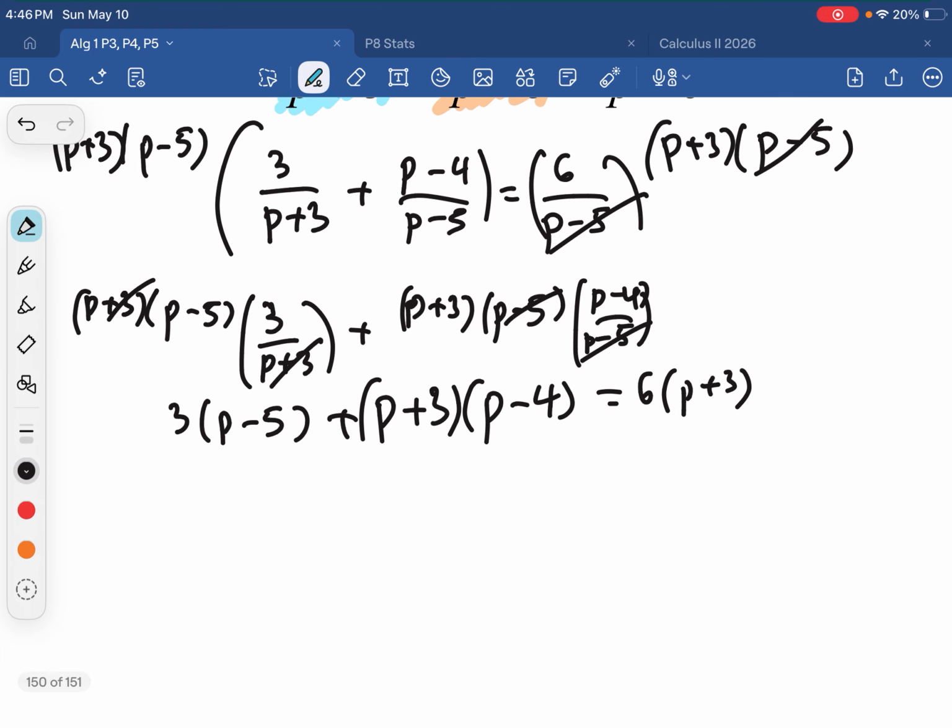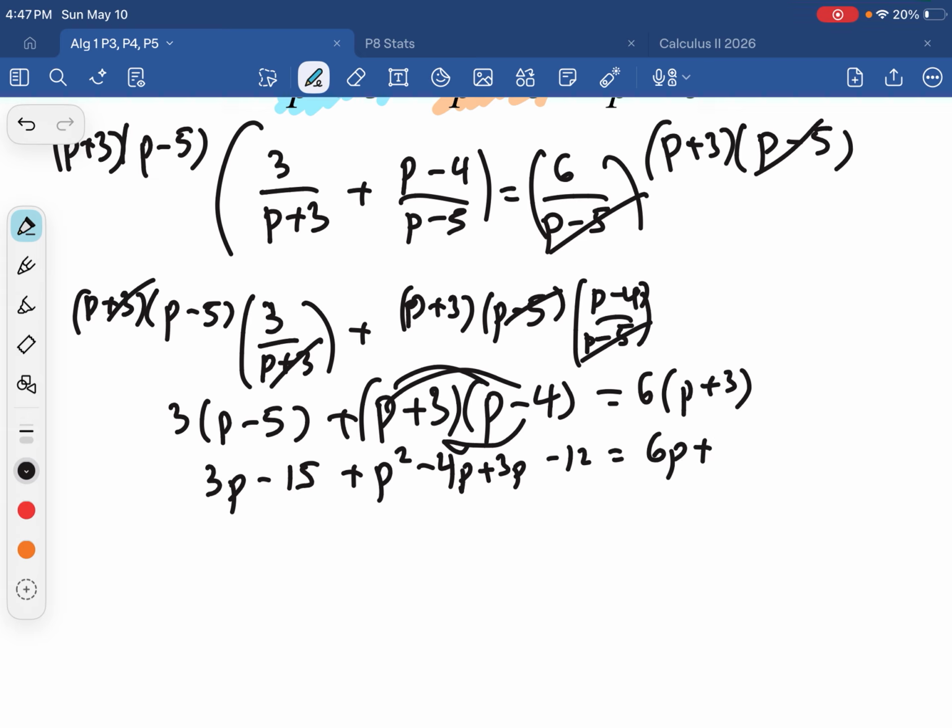All right, so now I no longer have the variable in the denominator. I can distribute. 3 times p is 3p. 3 times the 5 is going to be 15, so I'm taking away 15, plus p squared minus 4p plus 3p minus 12 equals 6p plus 18.